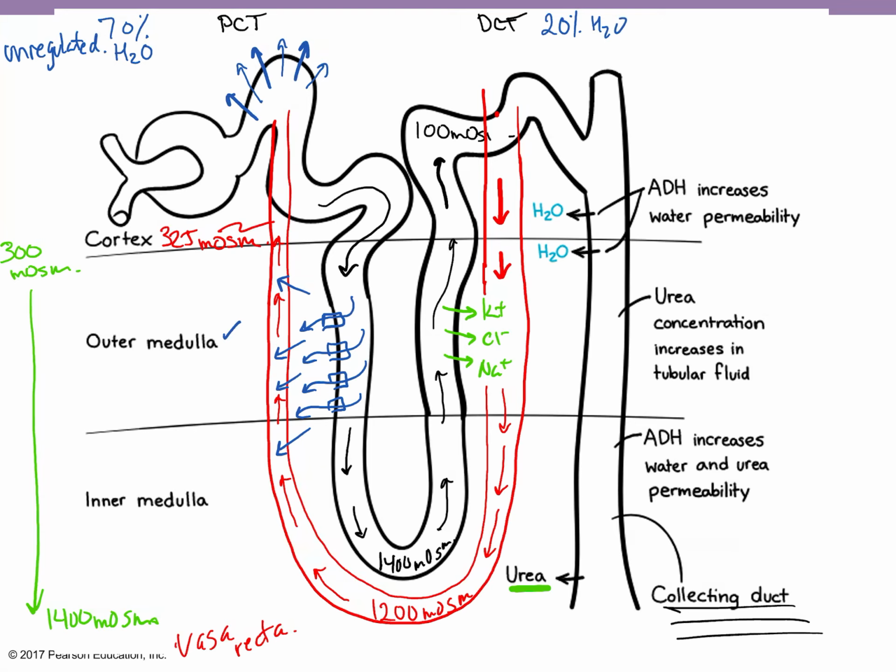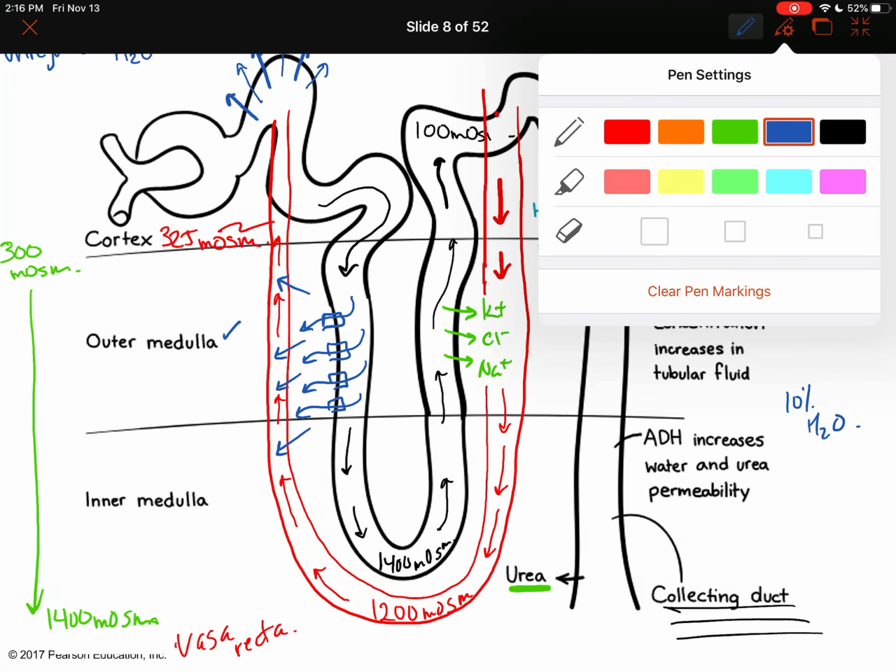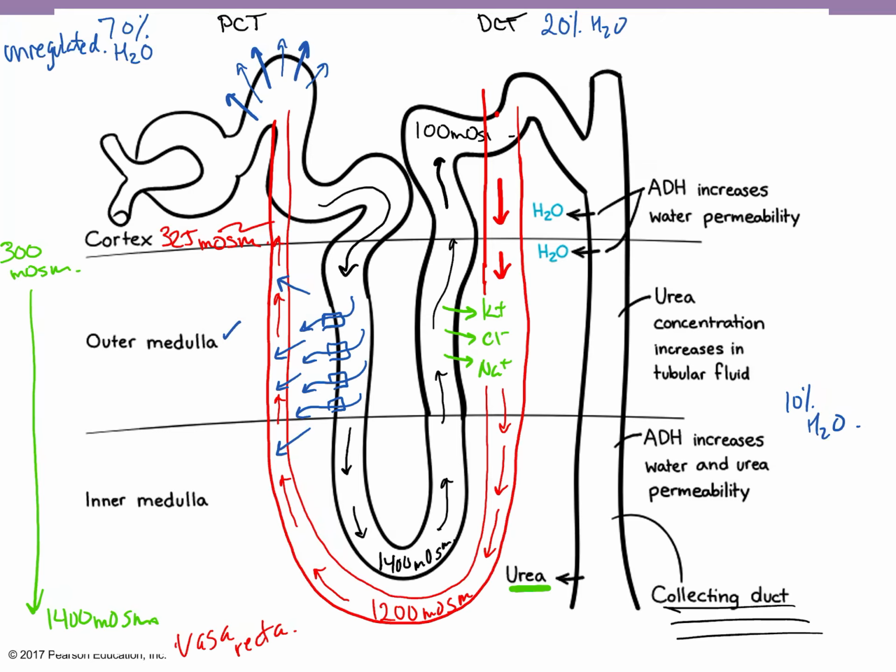And then about 10% is going to be absorbed in the collecting duct. And also regulated. What regulated means is that there has to be aquaporin, there has to be a hormone signal. And the hormone is going to be antidiuretic hormone. Okay? So in the presence of antidiuretic hormone, okay, so ADH, see there's ADH here.